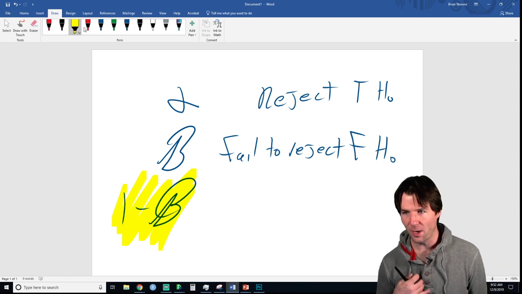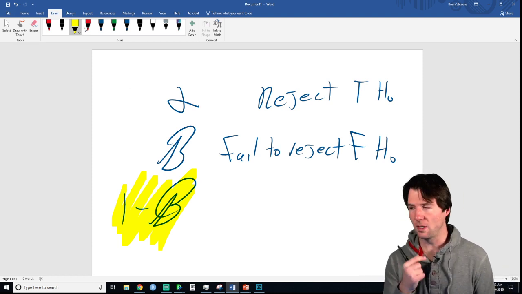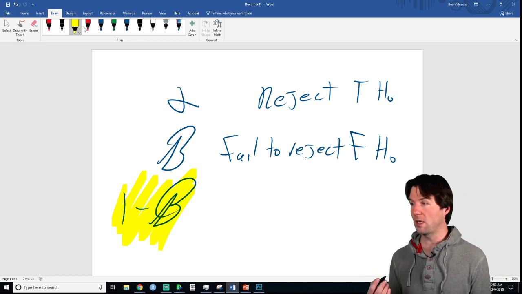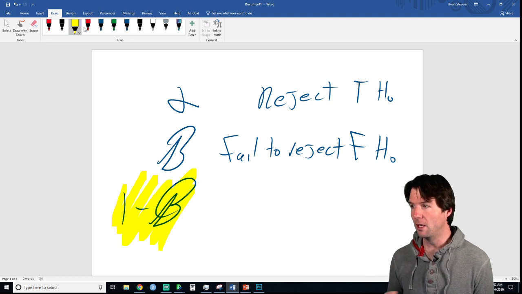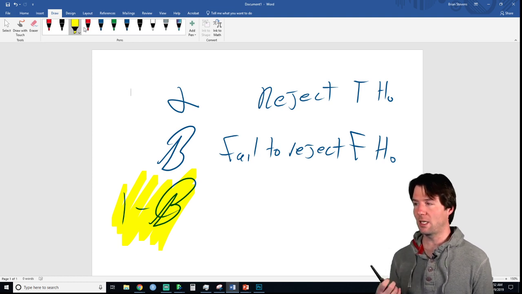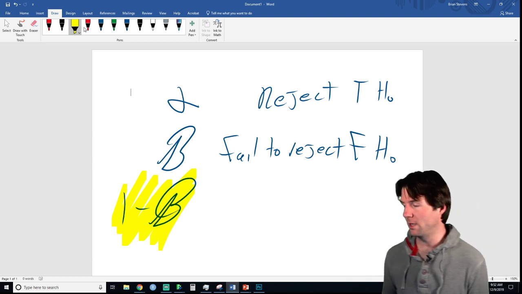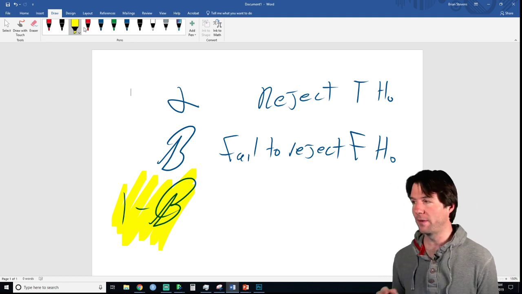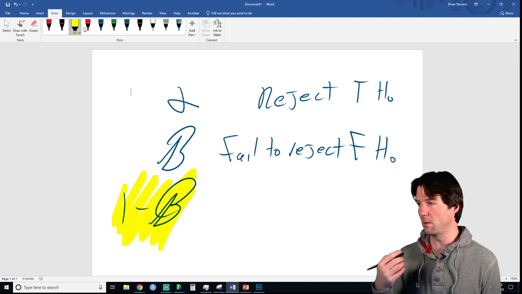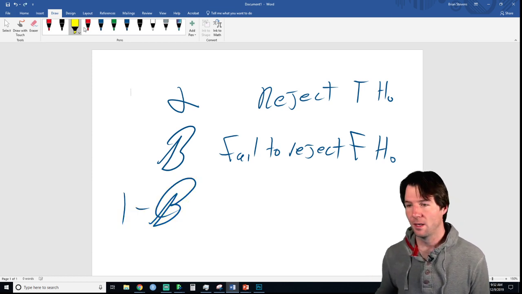And I see practice test questions too. So let's see, does everyone understand what power is right there? Power is the ability to reject the false null, which is a good thing. You want a test that's powerful. You want a test that has the ability to reject the false null. So that is what power is. That is the equation for power, and the concept of power is the ability to reject the false null.